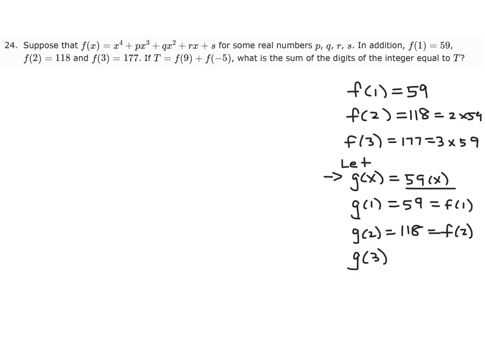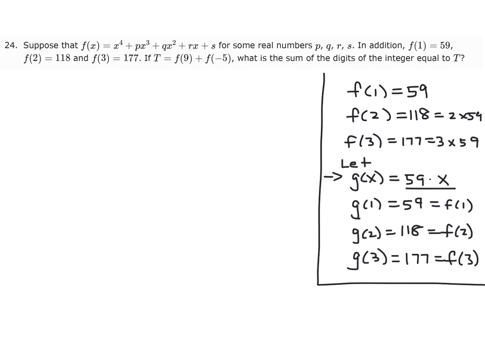Some of you understood what I did there, but the bracket makes it look like a function. So maybe I shouldn't have written it as a bracket. Let me just put a dot, or just 59 times x. So that would be 177, and that's f of 3. So that might help. Okay, let's see where we're going with this now.